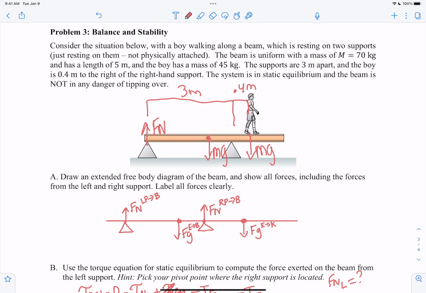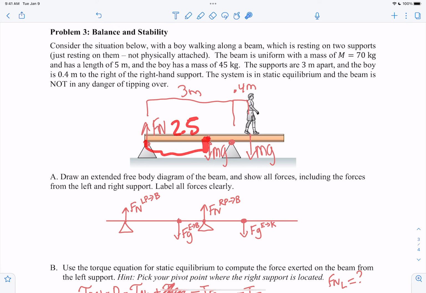So we know that in between these two supports, it's a total distance of 3 meters. Well, the left support is located pretty much right at the left end of the beam. So if I go 2.5 meters to the right, it's 2.5.